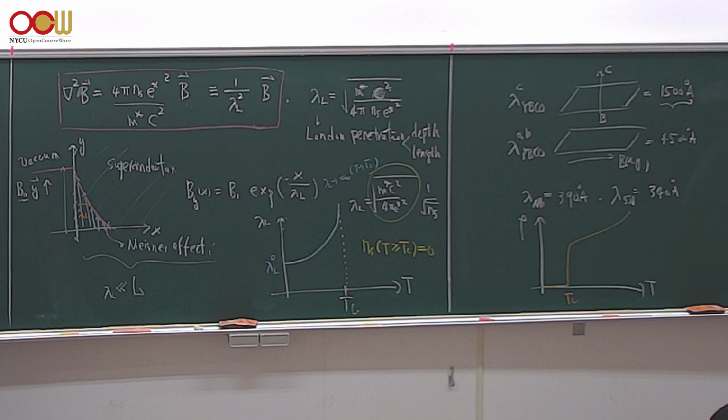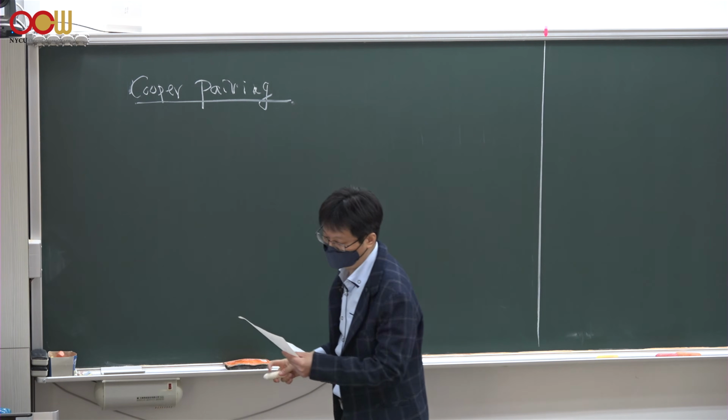But the underlying physics of superconductivity in ordinary metals, as I mentioned, will be described by the BCS theory, which is absent in any introductory level solid-state physics. This is a big loss for graduate students who learn solid-state physics, and this is precisely the reason why this course can offer you a complete understanding of this phenomenon. So let's talk about the Cooper pairing.